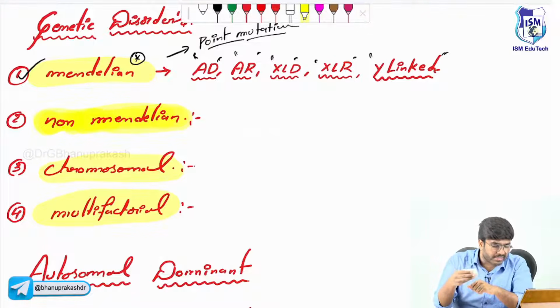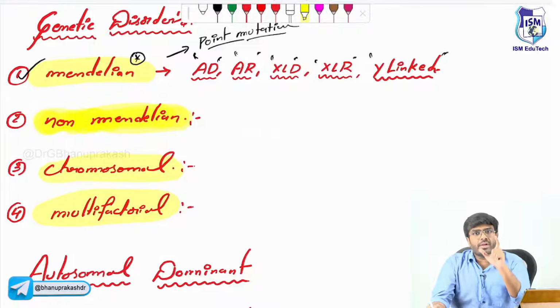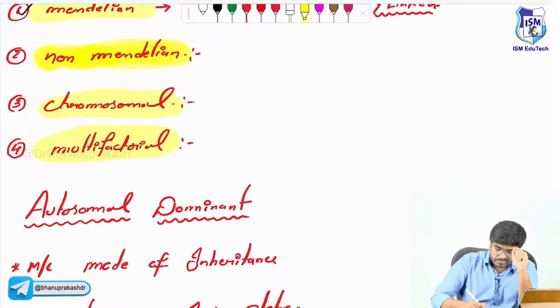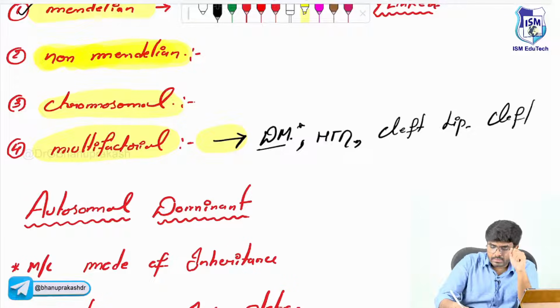Multifactorial inheritance is followed by diabetes mellitus, hypertension, cleft lip, and cleft palate. This is the question that was asked in the PG exams.